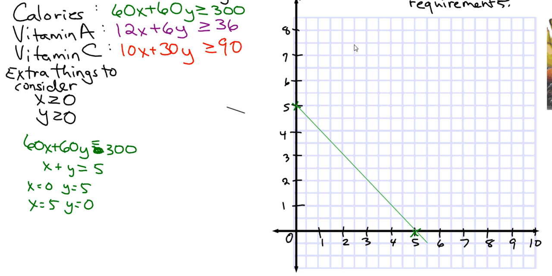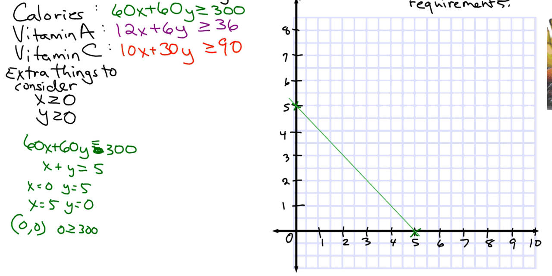And I'll check my point 0, 0. When I check my point 0, 0 in the greater than or equal to, I get 0 is greater than or equal to 300, and that is not true.